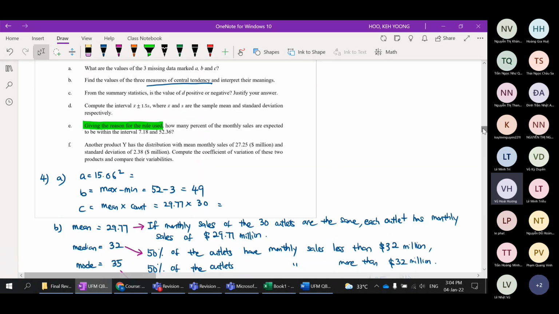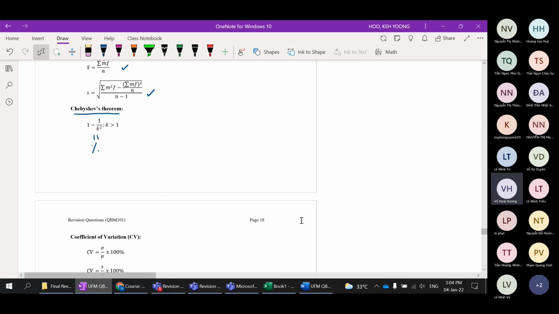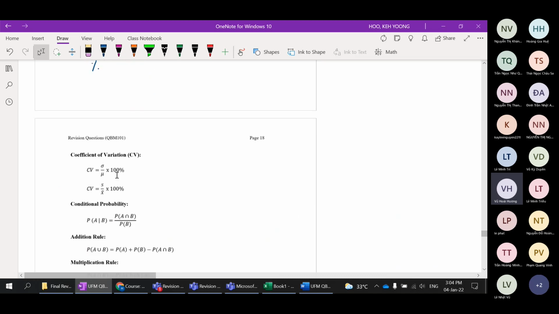So for this one, compute the coefficients of variation. You can find the formula in the formula sheets, in the last few pages. There are two formulas, one for populations and one for sample data. Right now this is sample data, so we use the second formula.